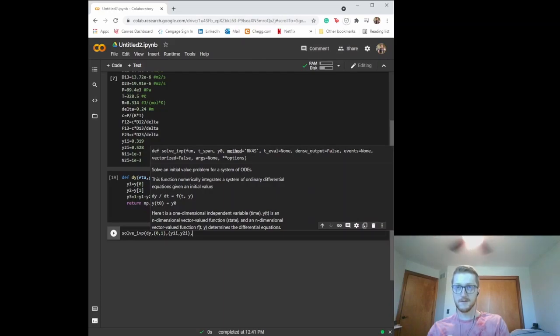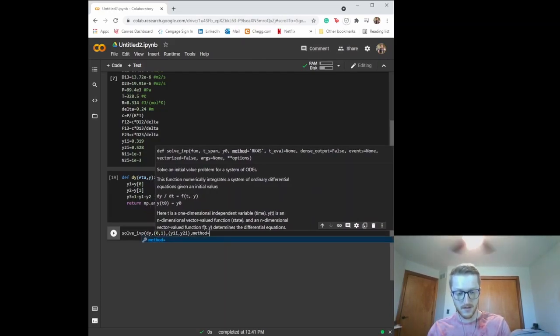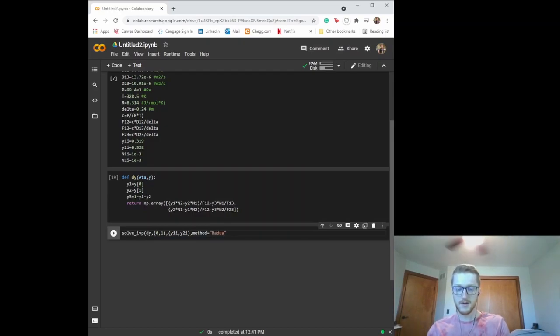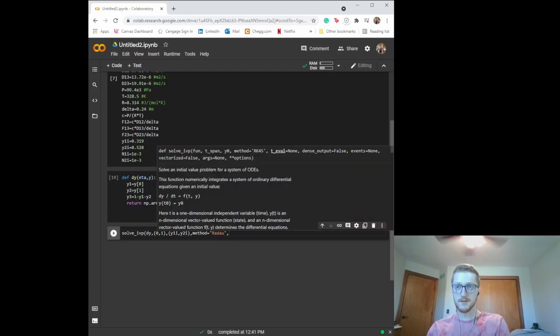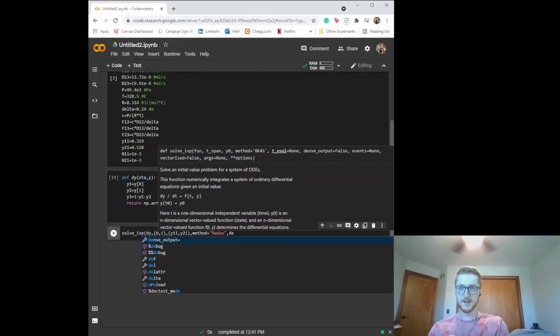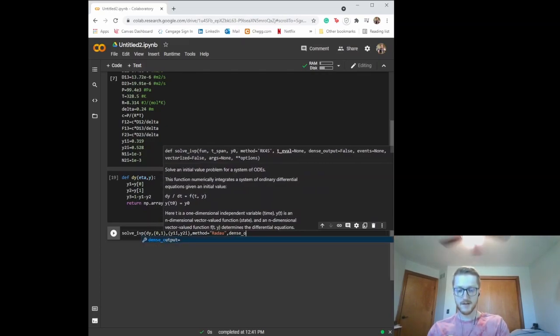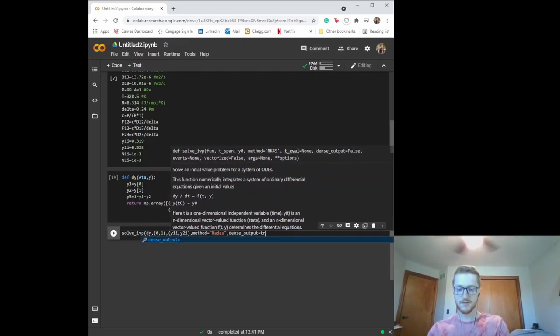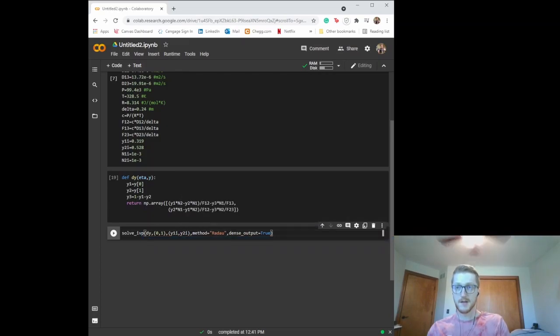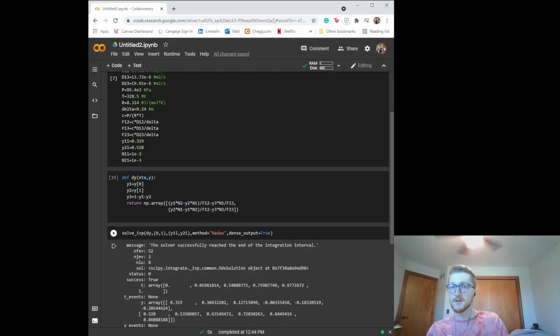And then you can define a method for solving, which we use the method Radau. And then you want to define your dense output equal to true. What this allows you to do is evaluate at a certain point. So now if we shift enter, cool.